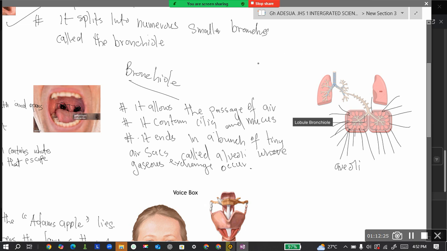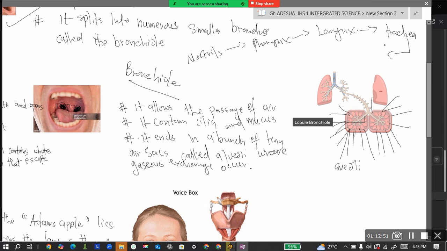So when the air finally comes through all these structures, let's see if we can start. From the nostrils, the air will go to where? The pharynx, right? From the pharynx to the larynx, right? Then from the larynx to the trachea. So the air is still moving.